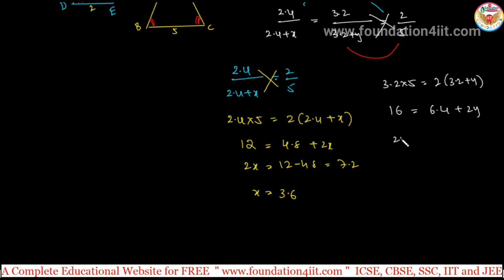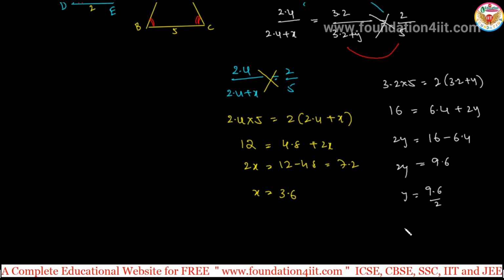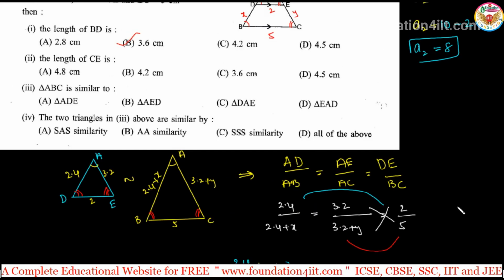Then 2y is equal to 16 minus 6.4. It is 9.6, 2y. Then y is equal to 9.6 divided by 2. Then y is 4.8. So 4.8 it is. Yeah, option A. Right, length of CE.